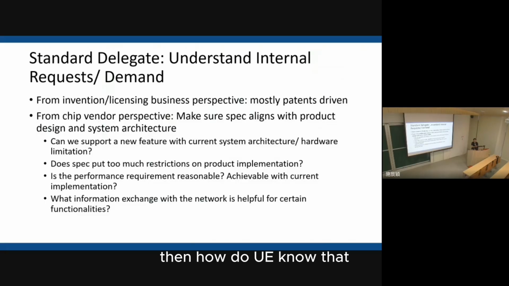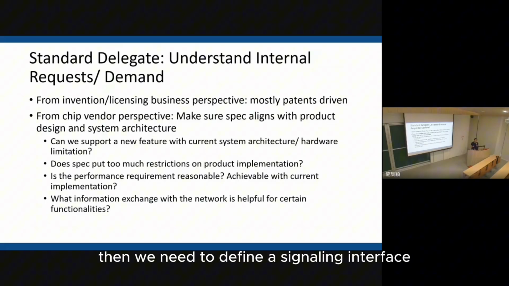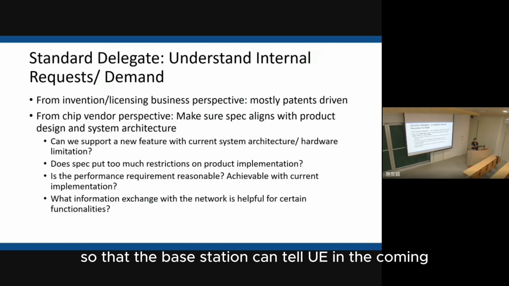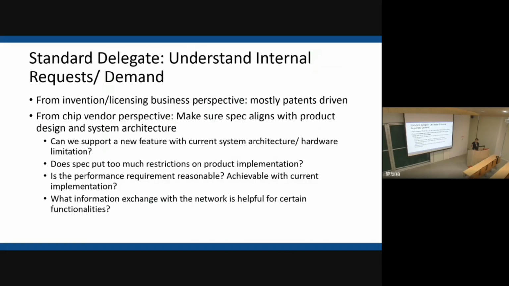Okay, then how do you know that? We need to define a signaling interface so that the base station can tell the UE, for example, in the coming several seconds, this is what I'm going to do: sending only 2 layers of data, or up to 4 layers of data.